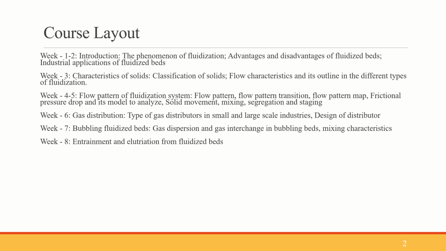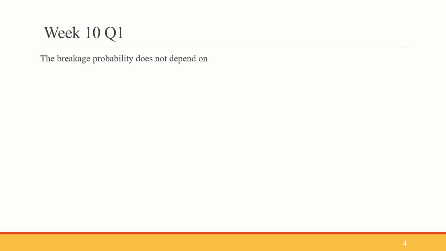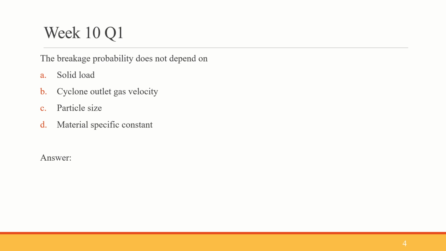So in today's session, we have seen 20 problems from the week 10 and 15 problems from the week 9 assignment. Week 10 is mostly about the attrition mechanism, and week 9 is about the entrainment mechanism. Here the breakage probability does not depend on the cyclone outlet gas velocity. It depends on the cyclone inlet gas velocity.